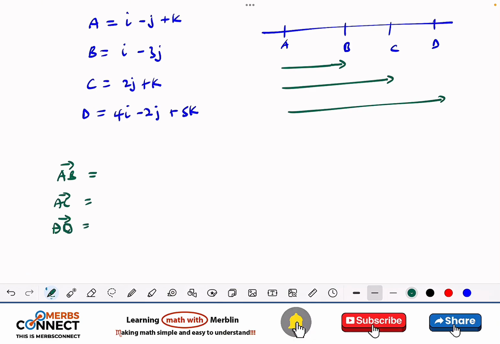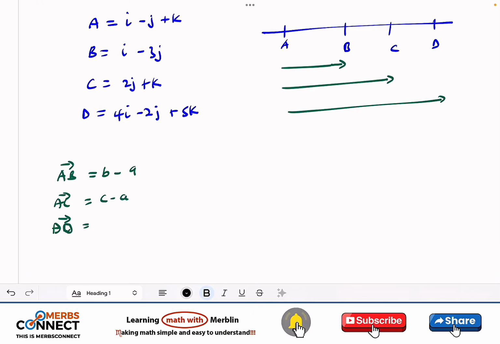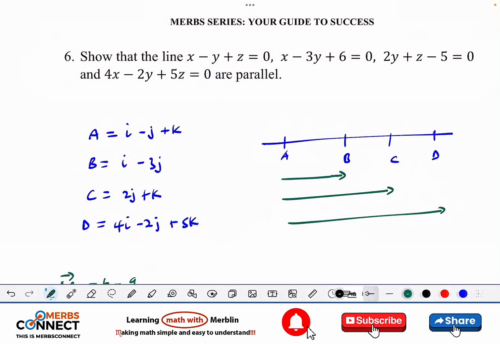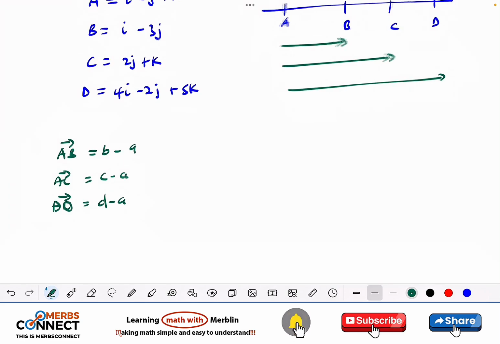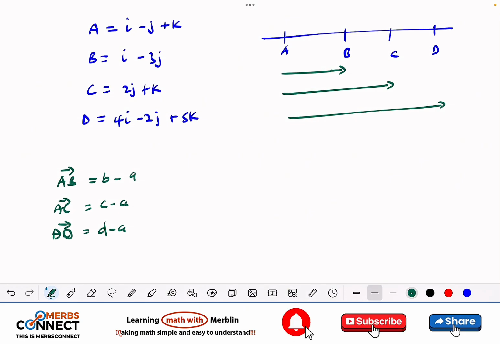This is going to give us small b minus a, small c minus a, and small d minus a. Good. So this is small d, small c, small b, and small a.